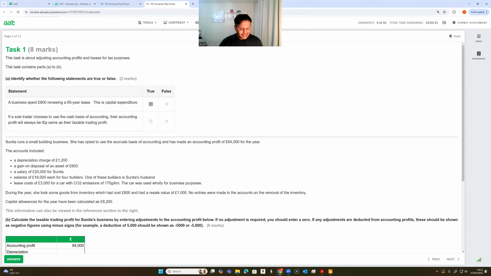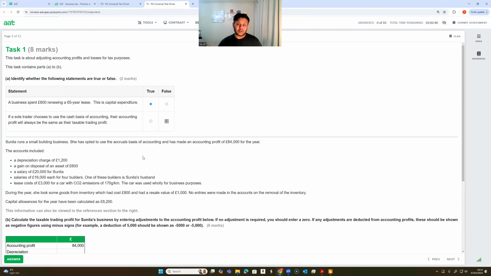The next one says if a sole trader chooses to use the cash basis of accounting, their accounting profit will always be the same as the taxable profit. And that's not true. Obviously, the cash basis means when you actually pay the cash. It doesn't matter whether you pay the cash or the transaction happened and you just record it based on the accrual concept.